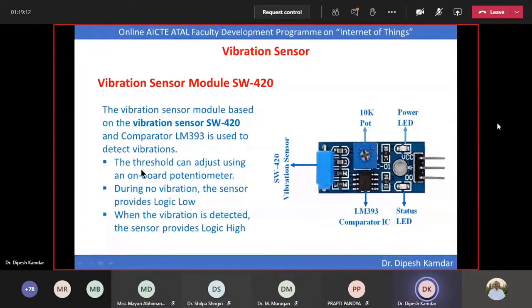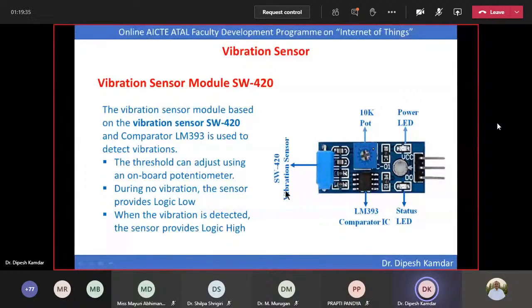It just gives us a digital output, 1 or 0, saying whether vibration is there or not, and we can have the port adjustment here. It just detects that vibration is there or not.